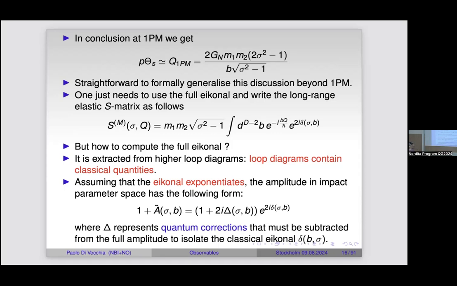If we assume the eikonal exponentiates, the amplitude in impact parameter space has this form, where this is the complete eikonal, and these are the quantum corrections that appear in the complete amplitude. So you do a loop calculation, you compute the amplitude, you take away the quantum part, and you extract the classical part.